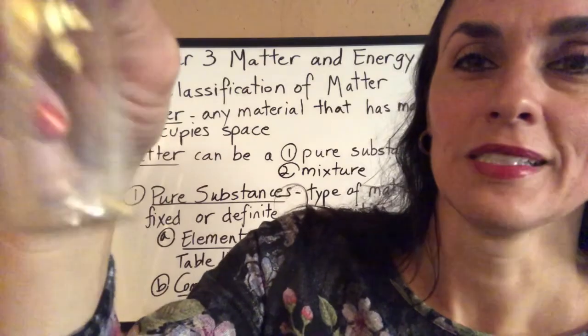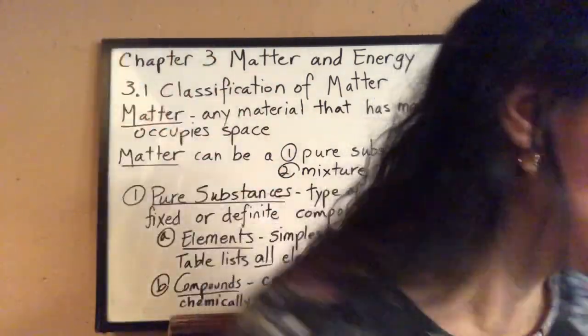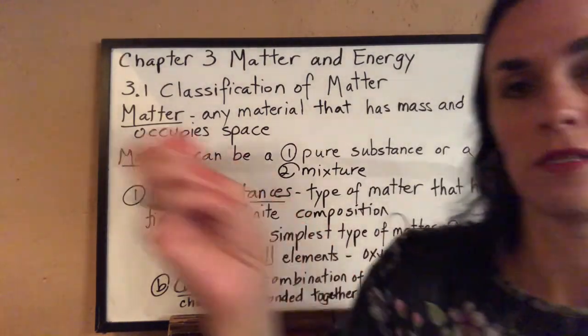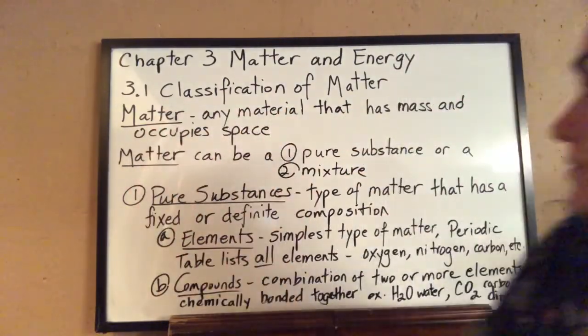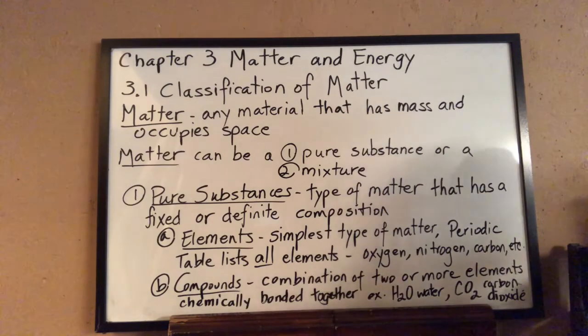It's not much. Okay, pure gold. And copper, in the form of copper wire. So these are all examples of elements, which are a category of pure substances.